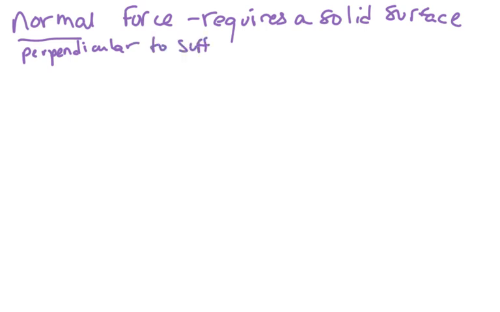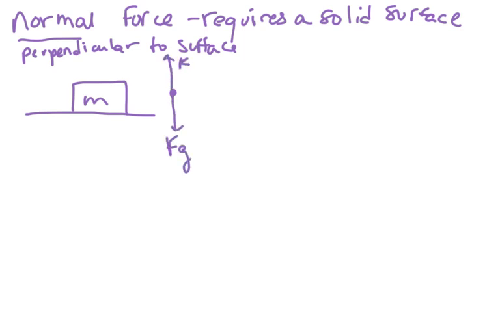If you don't have a surface, you do not have a normal force. Okay, so if we just have a block sitting on a flat surface, then the force diagram is just the gravitational force going straight down, your normal force going straight up. If the sum of the forces or the net force equals 0 for this, then your normal force must be equal to your gravitational force. And we calculate gravitational force by taking the mass times gravitational field strength.